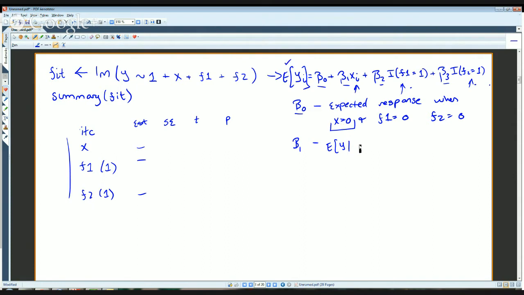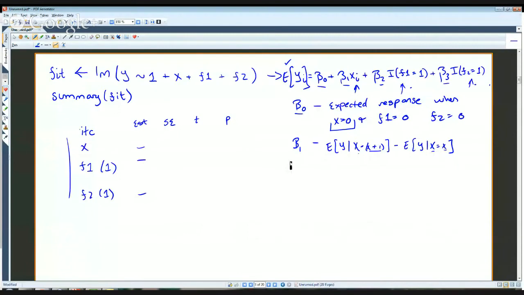This is the expected value of y given x equals little x, where x equals little x plus 1, minus the expected value of y, where x equals little x. So what I mean by that is, given the model, what's the expected average value of y given x takes the value little x plus 1 versus the hypothesis that x takes the value little x.